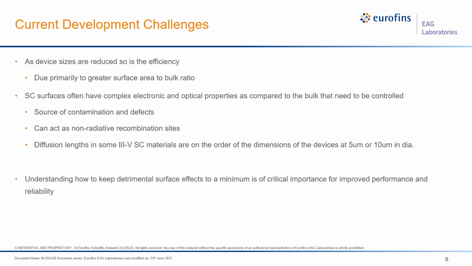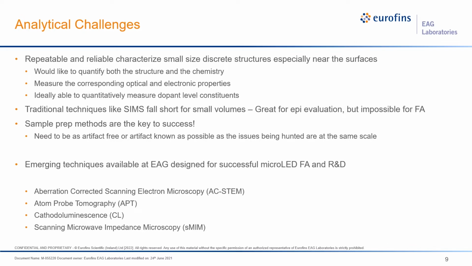So ultimately, we need analytical techniques that allow us to understand how to keep these detrimental surface effects to a minimum, and how that's then really a critical aspect for improving the performance and reliability of these micrometer-sized devices.